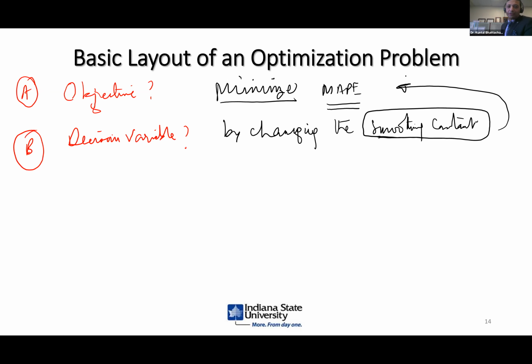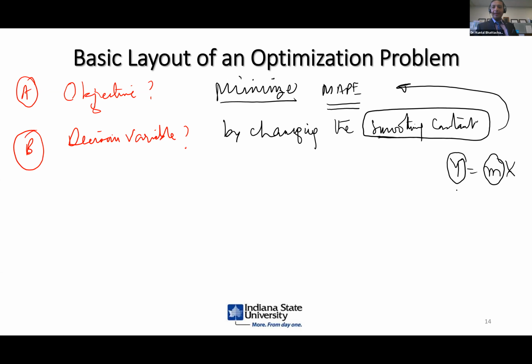The third piece of the puzzle comes primarily because of the nature of this algorithm. If I ask you to minimize or maximize something by changing a certain variable. So as an example, if I say y equals m times x, okay, and this is m, which I want to use as my decision variable.